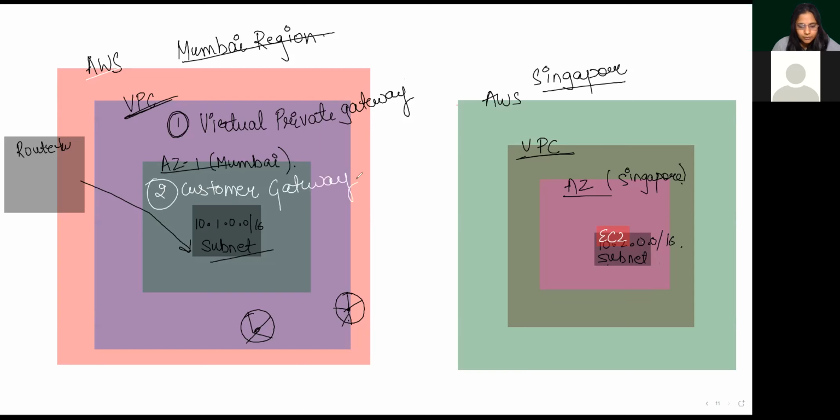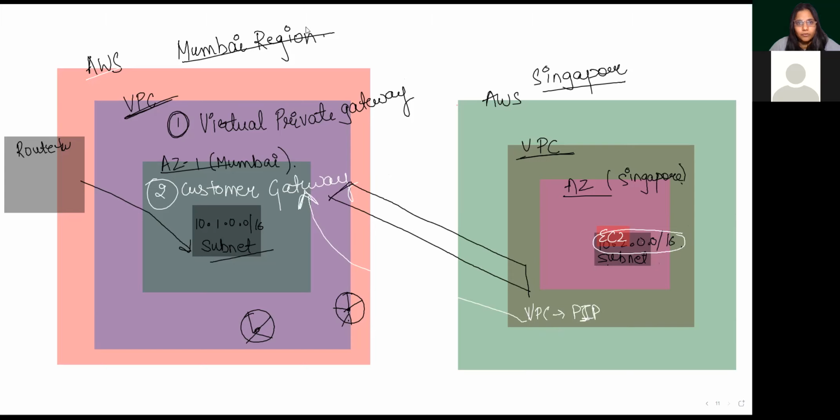As soon as you create a customer gateway, they will ask you to enter the public IP of this VPC. So you have to provide a public IP to this customer gateway, and as soon as you give the public IP, they will create a connection between this VPC and this VPC.